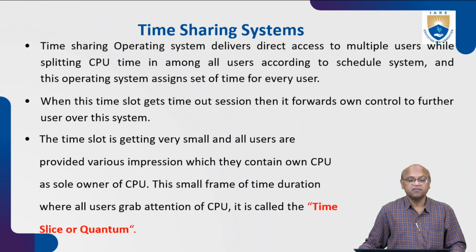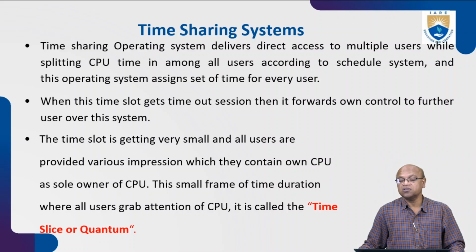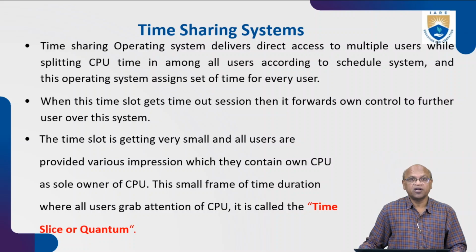A time sharing operating system delivers direct access to multiple users while splitting CPU time among all users according to a schedule, and the operating system assigns a set time to every user. When the time slot times out, it forwards control to the next user on the system.